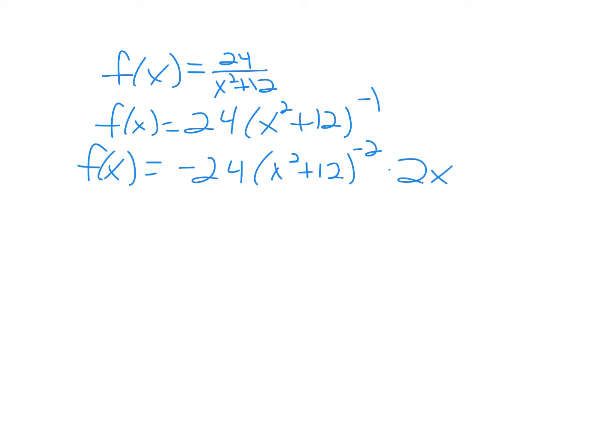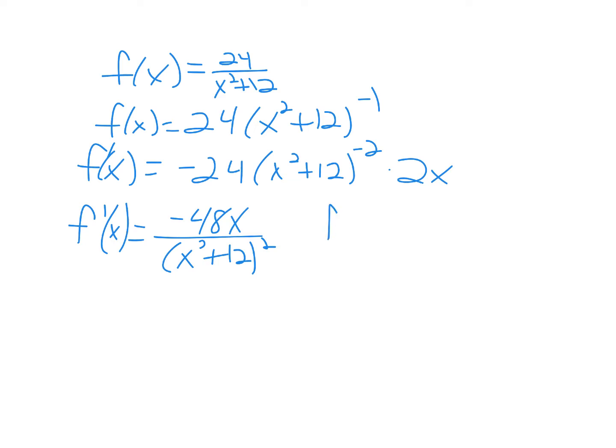And then let's make things look a little nicer. Let's do a negative 48x over x squared plus 12 squared. Now we have to use quotient rule, darn. That's the derivative. Now we have to find the second derivative.